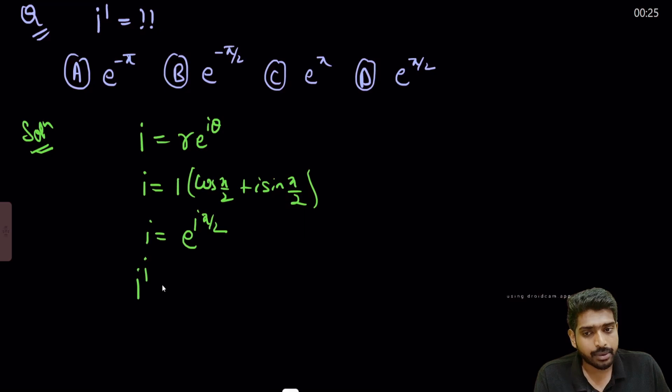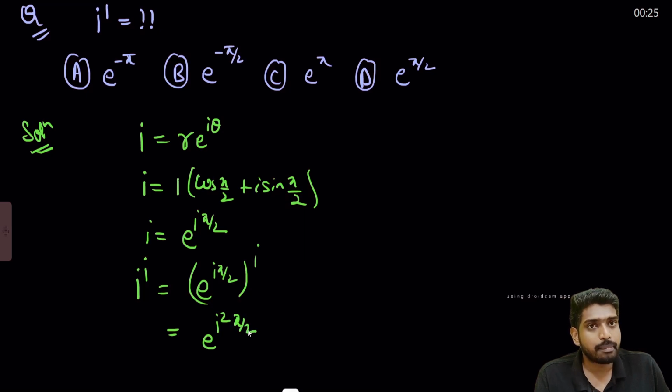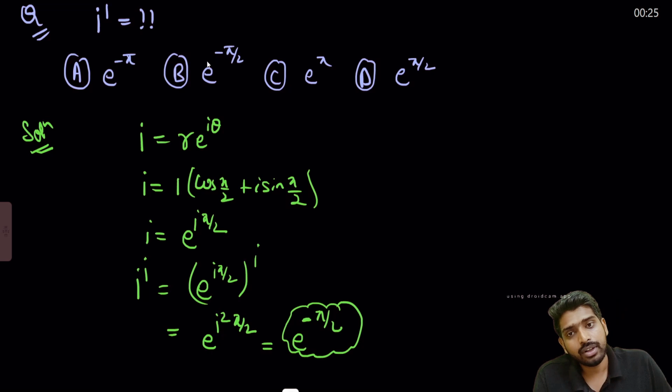Iota to the power iota I can write as e to the power iota pi by 2, all to the power iota. So I can multiply the powers. Here I'll get iota square into pi by 2. From here we will get e to the power minus pi by 2, because iota square is minus 1. Got option number B as our correct option.